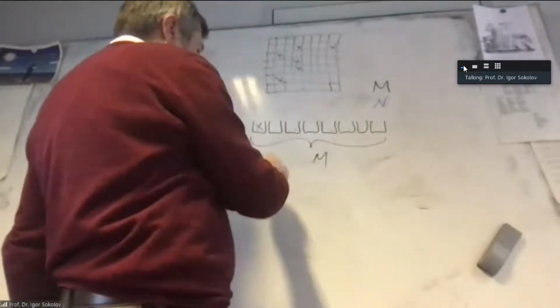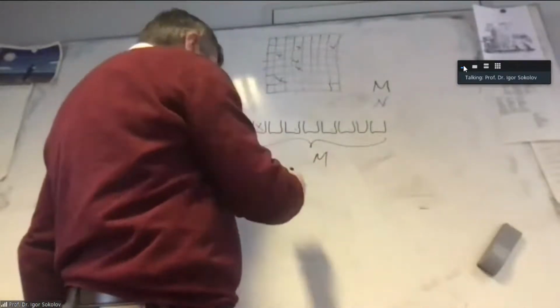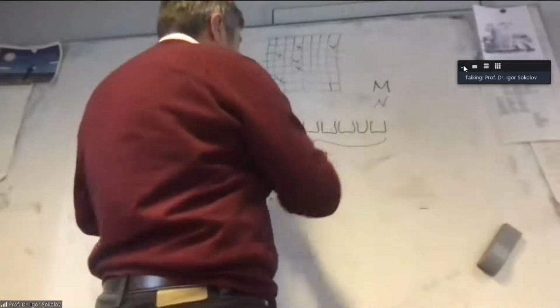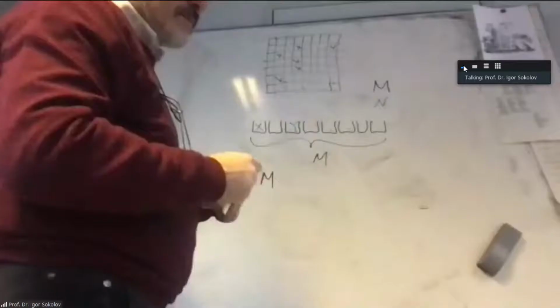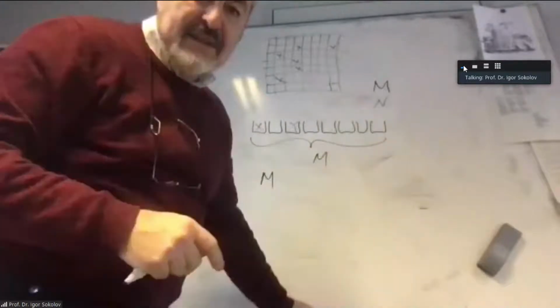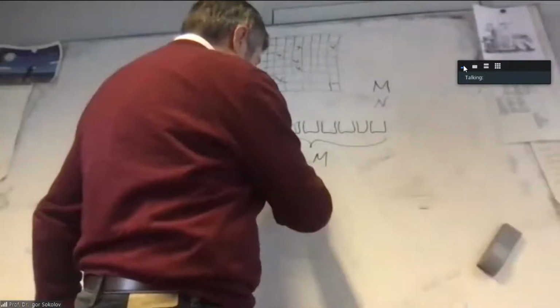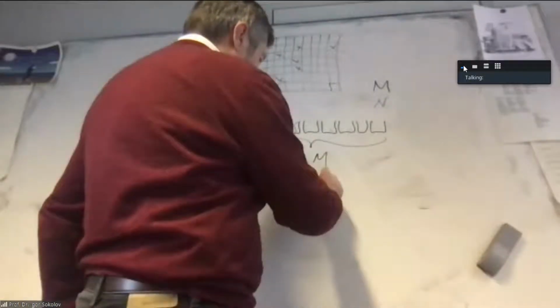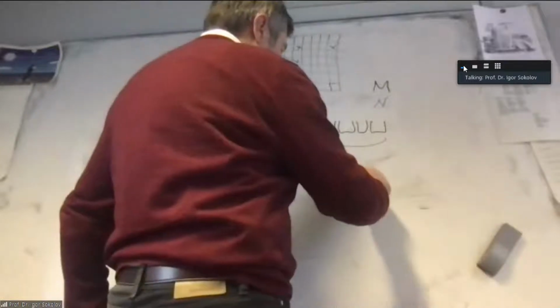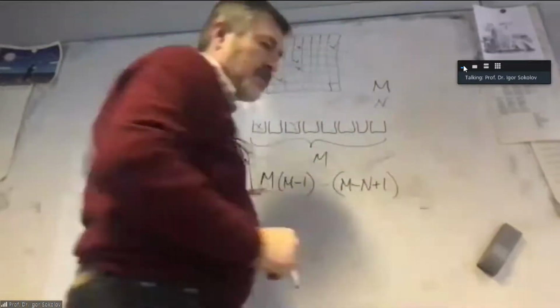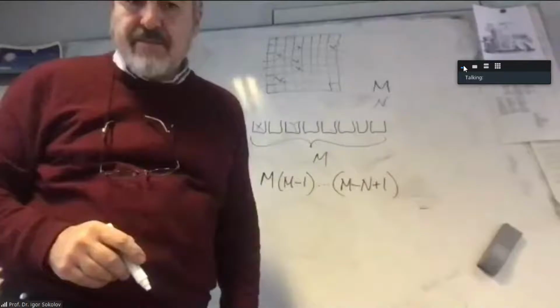The second one, for each of these M possibilities, has M minus 1 possibilities, because there are M minus 1 places left. And the last will have M minus N plus 1 possibilities. Is this clear?